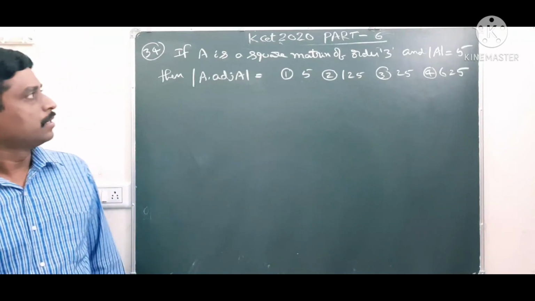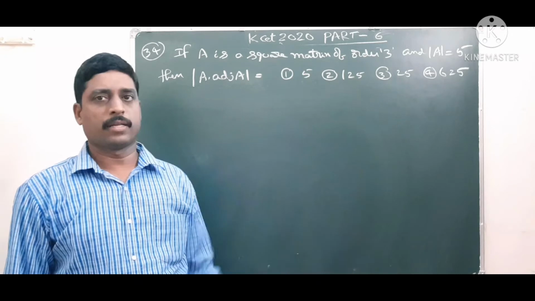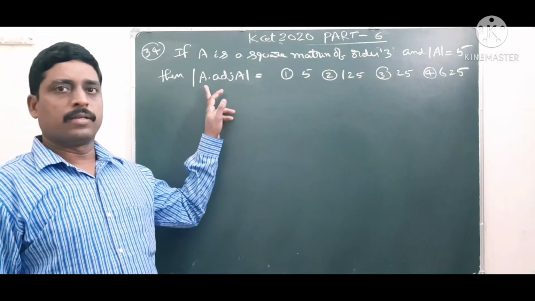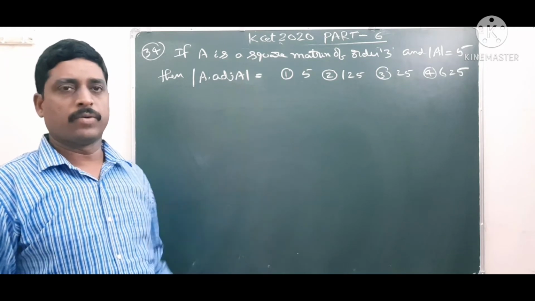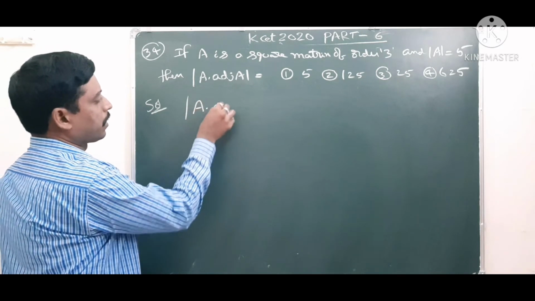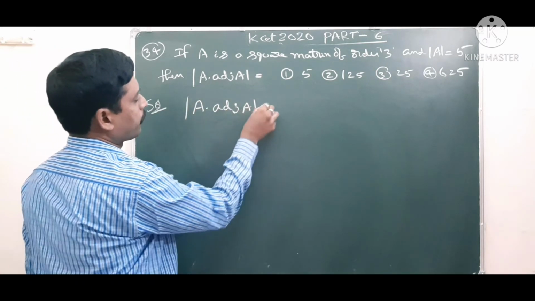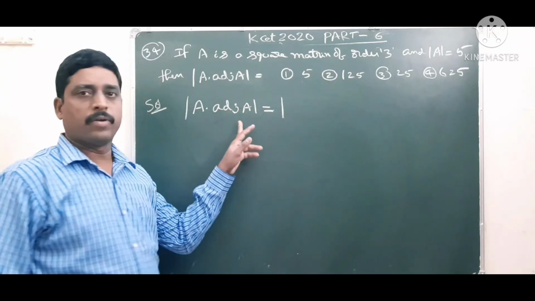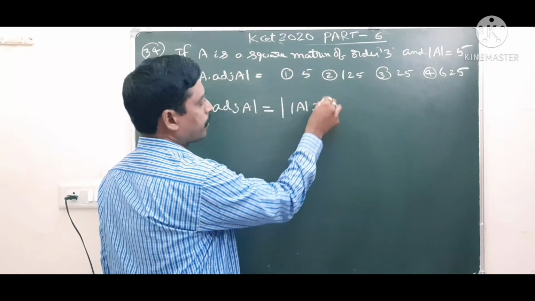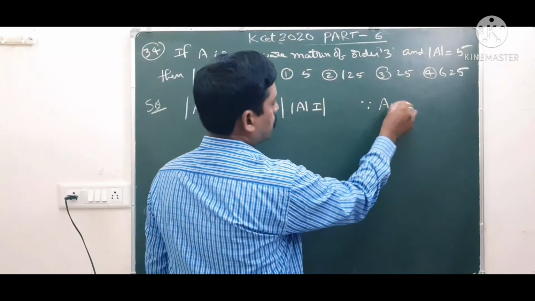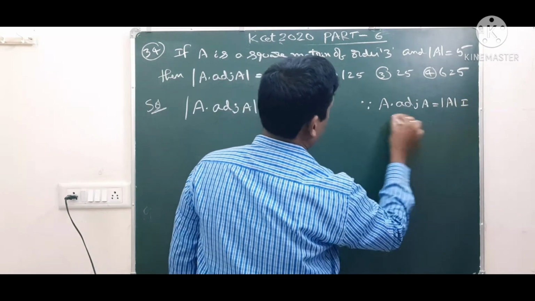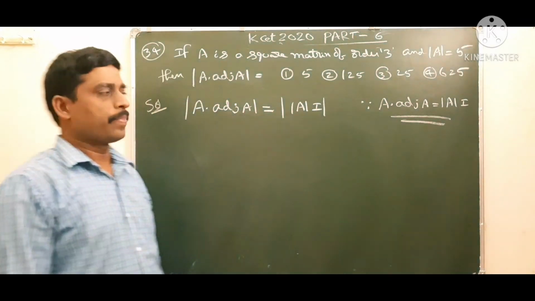So let us see the next problem. If A is a square matrix of order 3 and determinant of A is equal to 5 given, then we have to find the determinant of A into adjoint A. A into adjoint A, we know that A into adjoint A is equal to det A into I. This is an important theorem also.